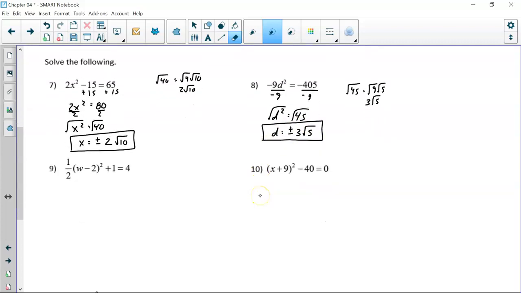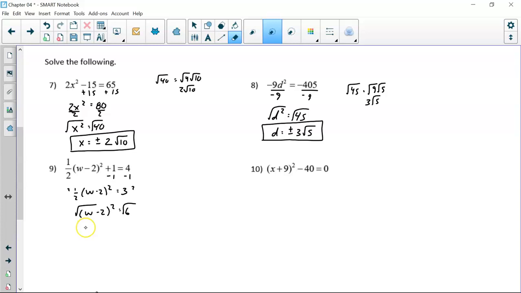Number 9, isolate the binomial, so we're going to subtract 1 from both sides. 1/2 times the quantity of w minus 2 squared equals 3. And then to get rid of the fraction, multiply both sides by 2. So w minus 2 squared equals 6. Now we take the square root of both sides.